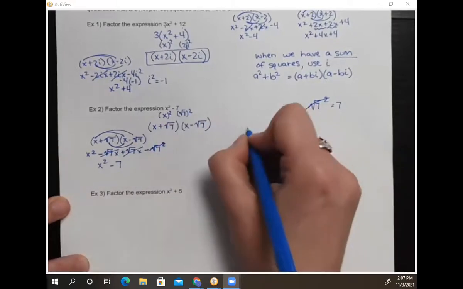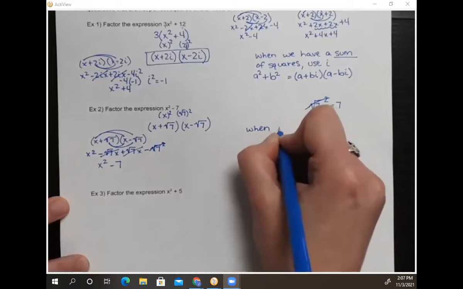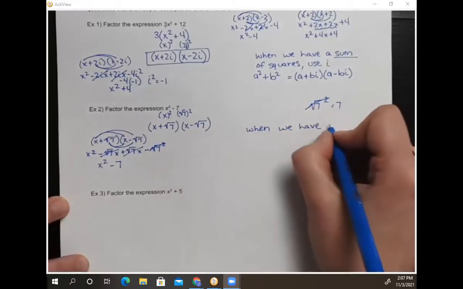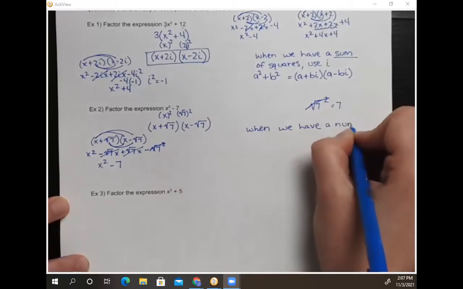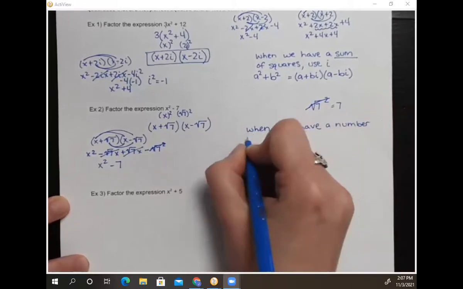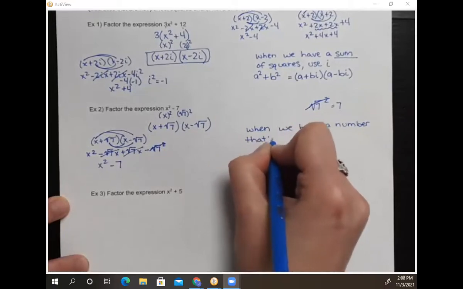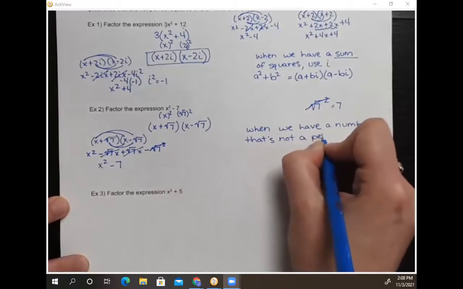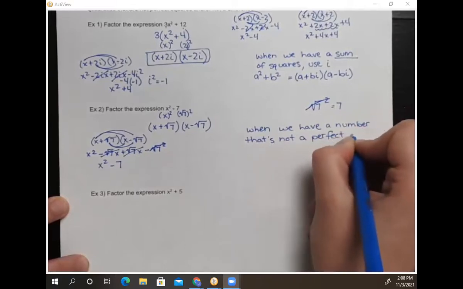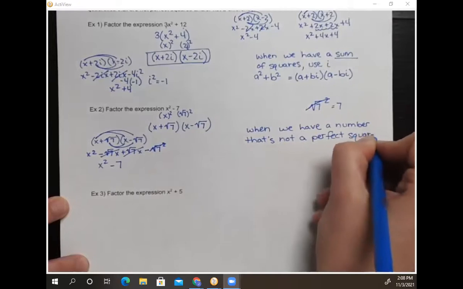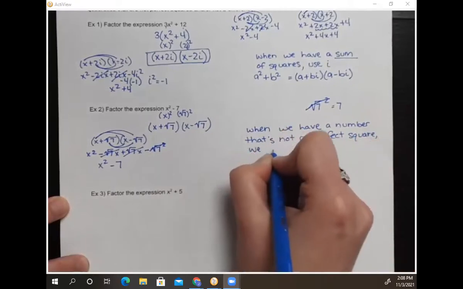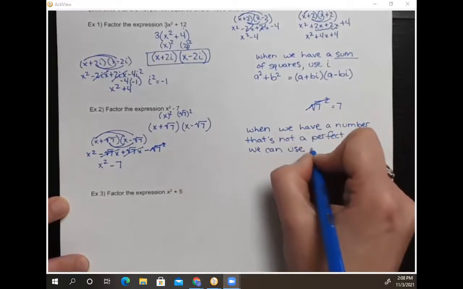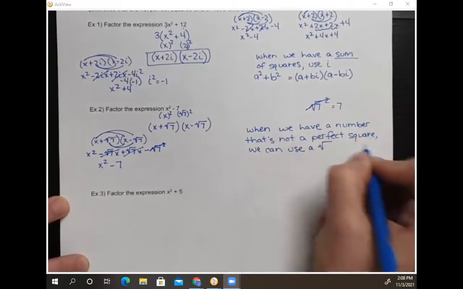Okay, so when we have a number that's not a perfect square, we can use a square root.